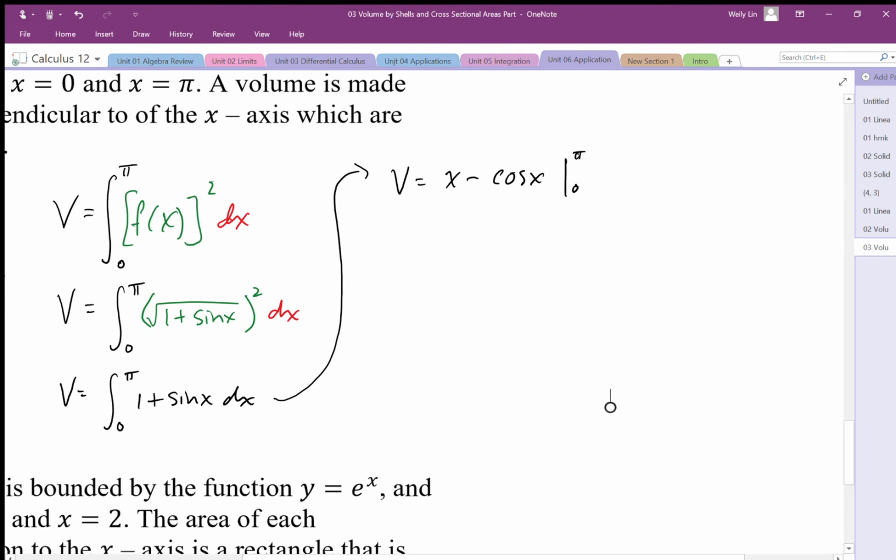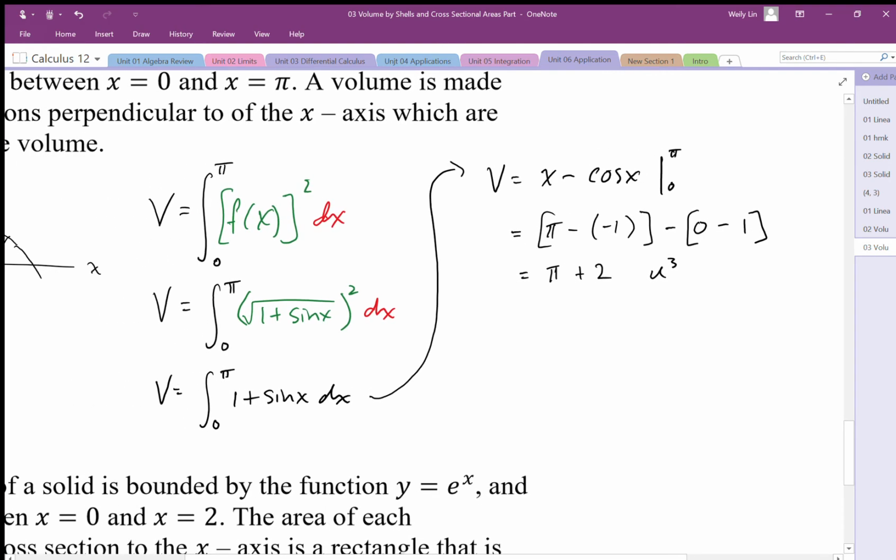So that's pi minus cosine of pi, which is minus 1, and then minus 0 minus cosine 0, which is 1. So that's going to be pi plus 1 plus 1, so pi plus 2 units cubed is going to be the volume of that solid.